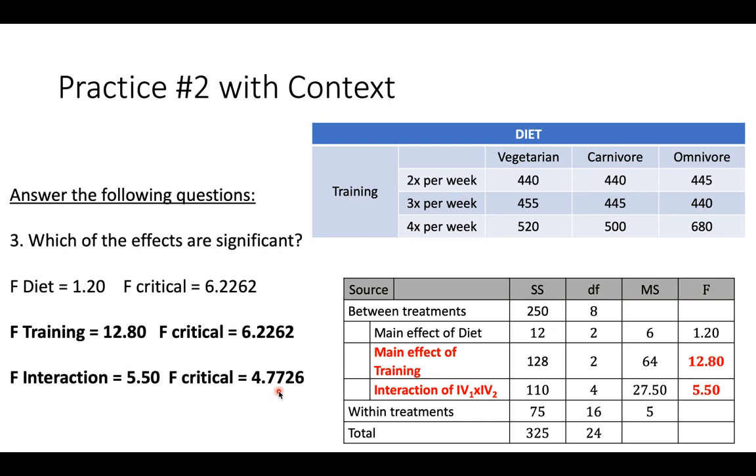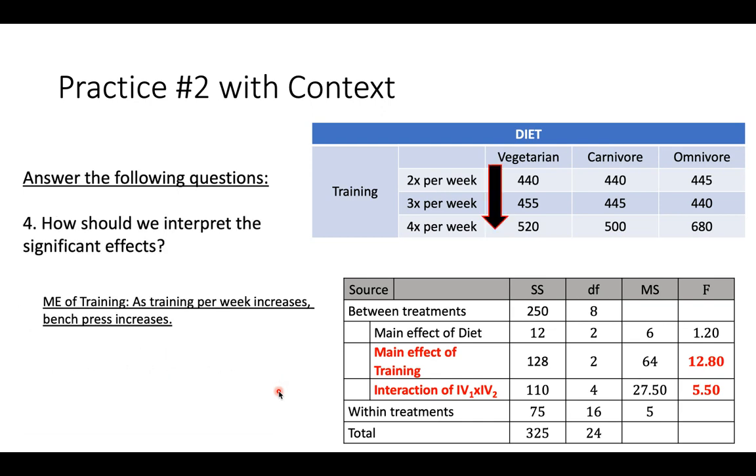So let's dive into the effect of training. If we look at how bench press varies with frequency of training, we can see that training more increases our bench press weight, specifically at the distinction between 3 times and 4 times per week.